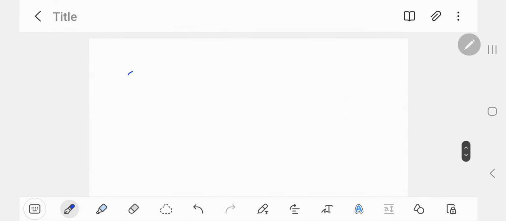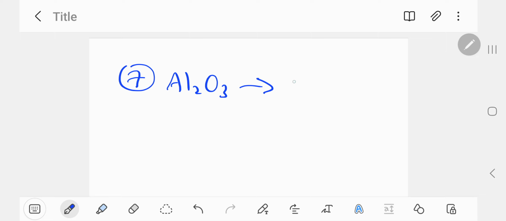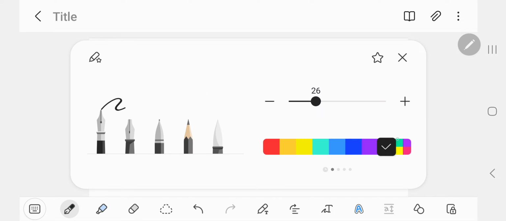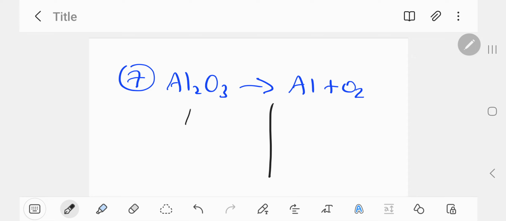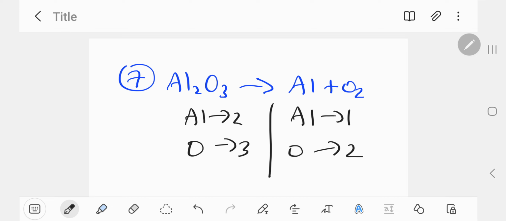Number 7, decomposition of aluminium oxide to make aluminium and oxygen. Let's balance this. Let's make a list first. And let's count. Let's turn this into a 2 by timesing by 2. Put the 2 out the front.